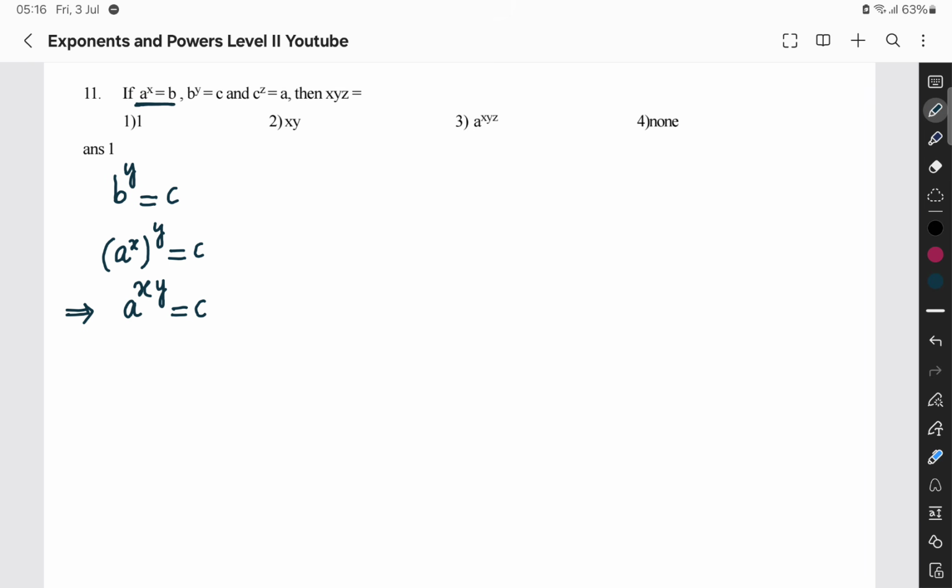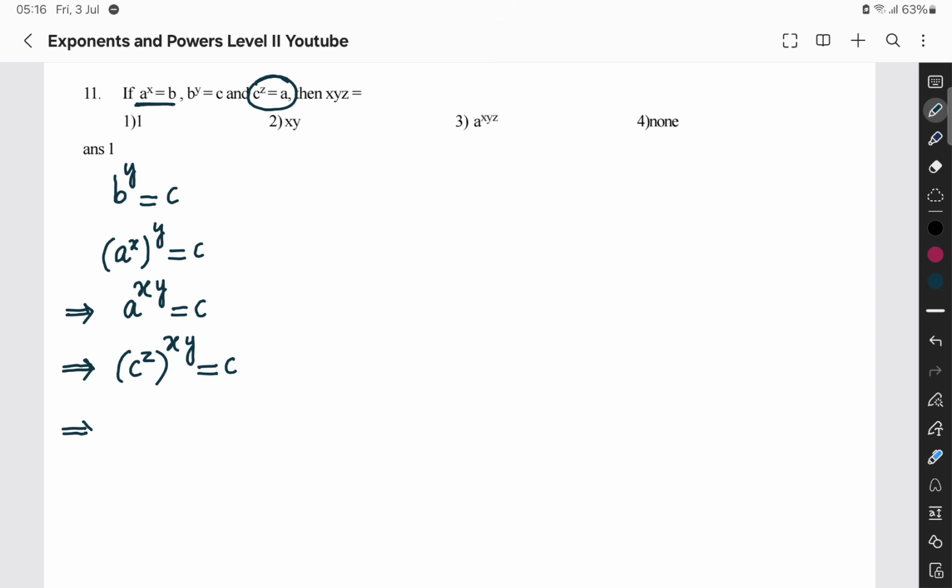Now, in the next equation, a is given as c to the power of z. So, I can use that. I can write a as c power z whole power xy equal to c.